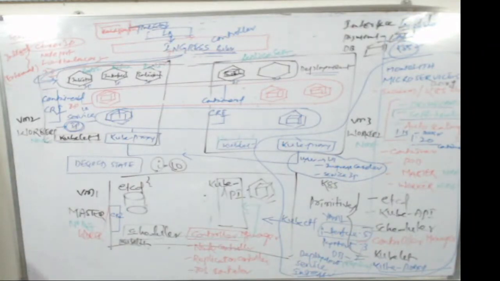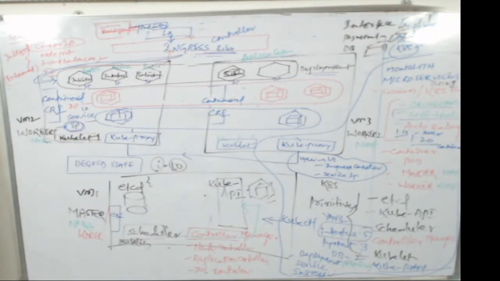So the rule says, if there's a person coming from outside, and he is a student of this class, allow. Now that sentence is the ingress rule. Now the person who is implementing that rule is somebody standing here and stopping that person. Okay, are you a student? He checks everything, makes sure you are a student. Then the person says, please sit there. So the controller is the person who decides what should happen to the request.